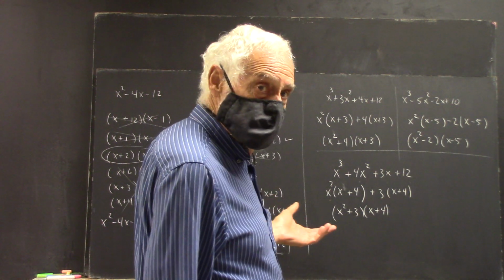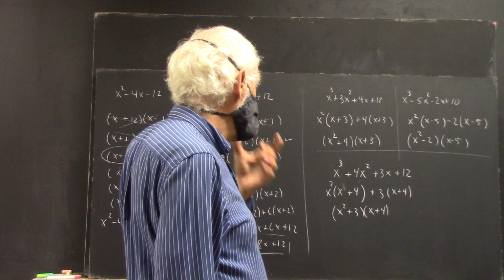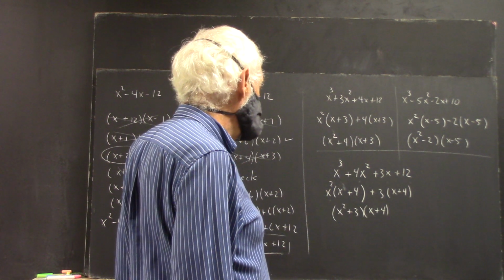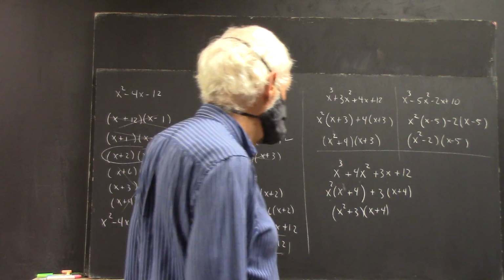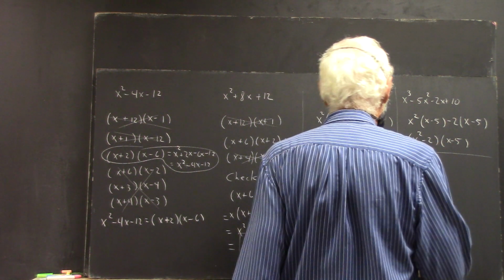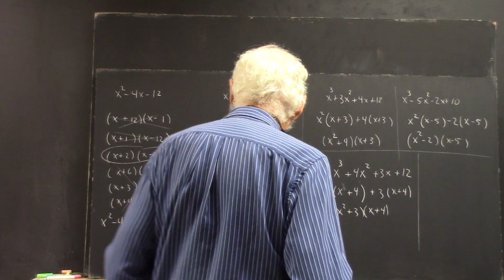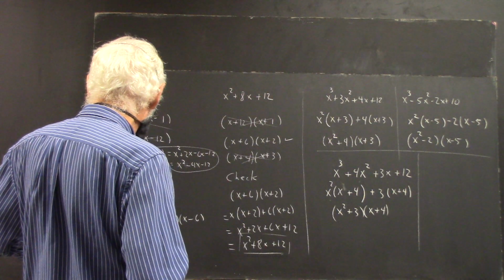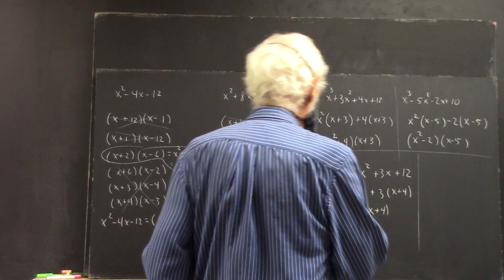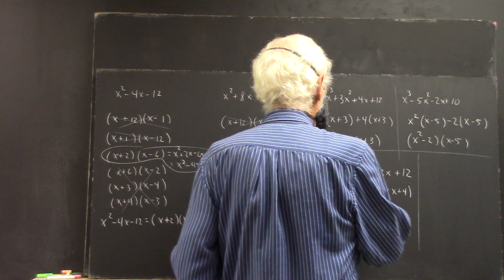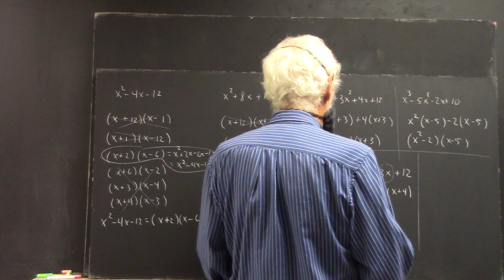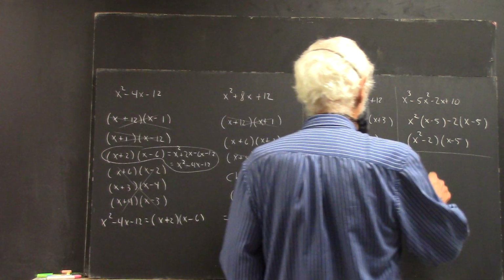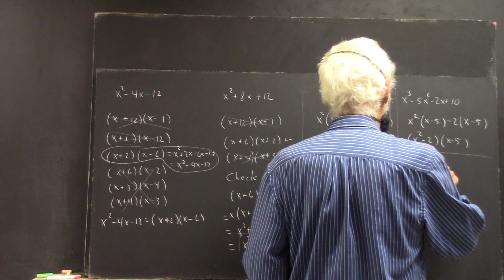Okay, so that works. But there's another way I could improve this. And sometimes it'll work one way and it won't work the other. I group the x squared and the 3x. So I get the x cubed and the 3x.